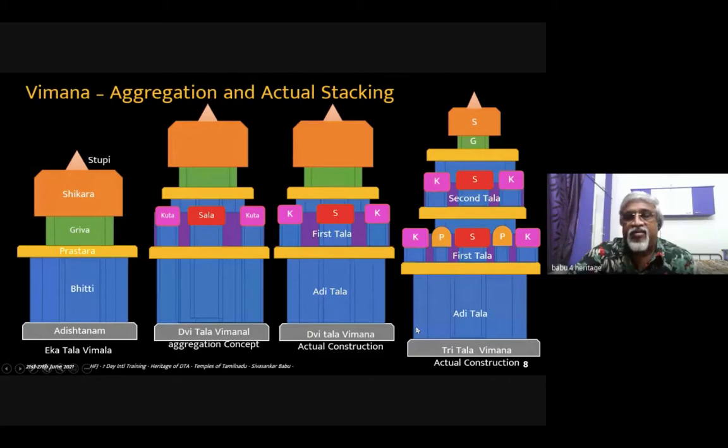calculations are available. Suppose if this is the base or width of the Garbhagriha, how much will be the foundation, how much will be the wall, and how much will be the prastara, and if it is two tala, how much will be the ratio of this, how many edicules are going to be there in each tala.